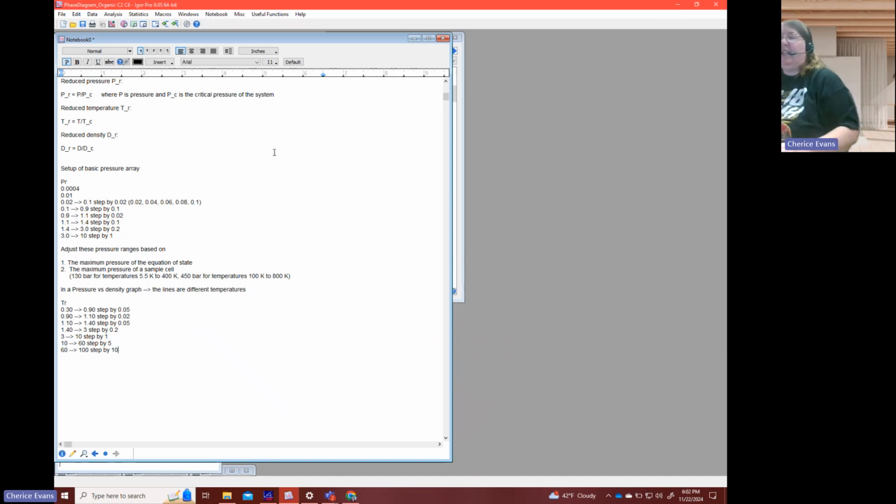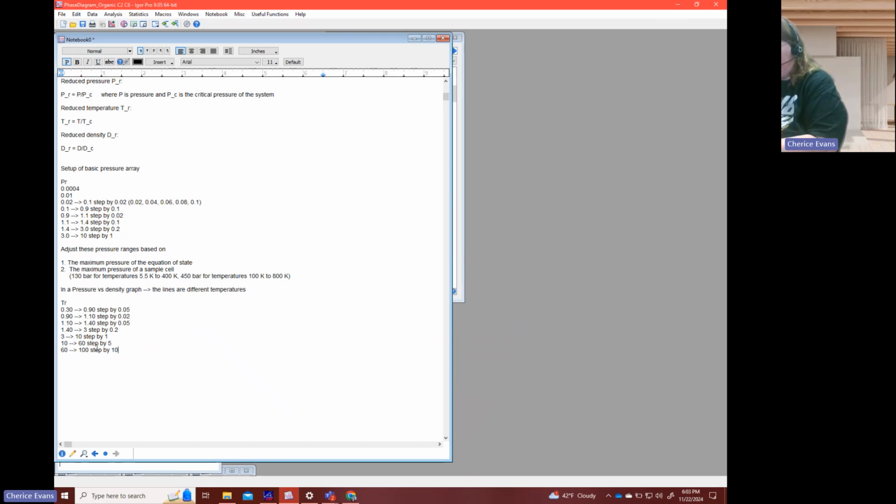So these last few will be really dependent upon the system in question and how far apart the critical temperature and critical pressure are from room temperature and pressure or from my limits. So again, helium is kind of on the lowest end.